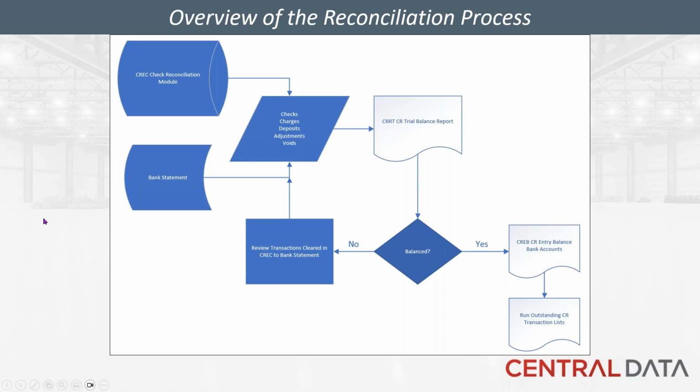Once you get down to the part where you feel like you've posted everything and you feel like you've cleared everything, then we run the CRRT, CR Trial Balance Report. This report is very important because it's going to start with the last bank balance. So whatever you reconciled last month, it's going to plus and minus everything that you've cleared.